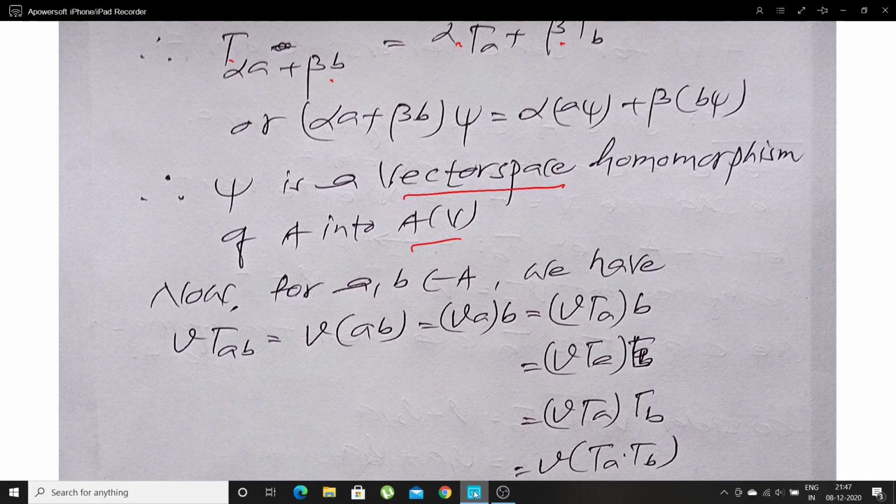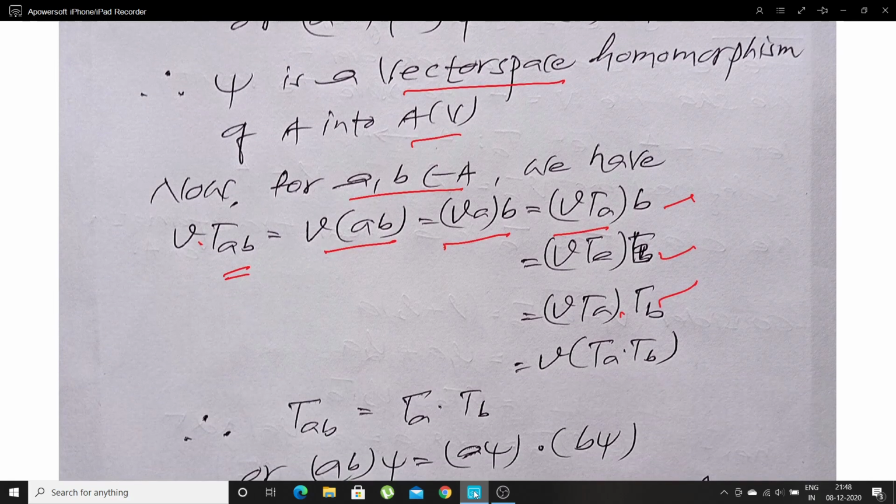If a and b are elements of A, then v dot T_ab can be written as v of ab, and grouping, (va) of b, and this can be written as (v T_a) of b. Again, this can be rewritten as v T_a dot T_b.